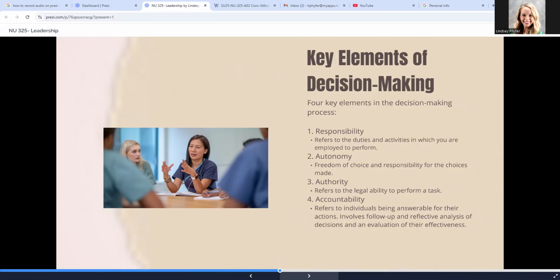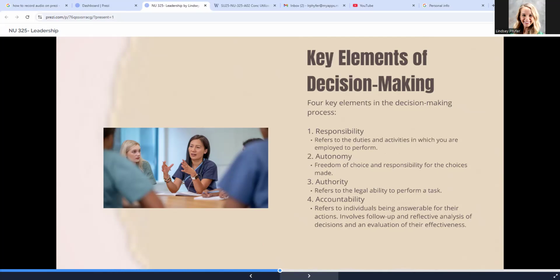The fourth and final element of decision making is accountability, and this refers to individuals being answerable for their actions. It involves follow-up and reflective analysis of decisions and an evaluation of their effectiveness. So as a nurse, you're not accountable for the overall outcomes of patient care, but you are accountable for what you do.